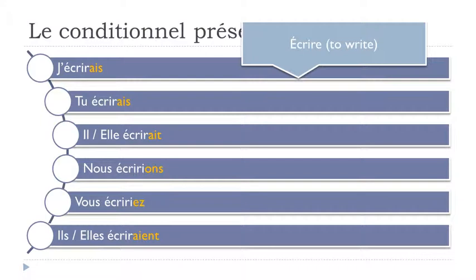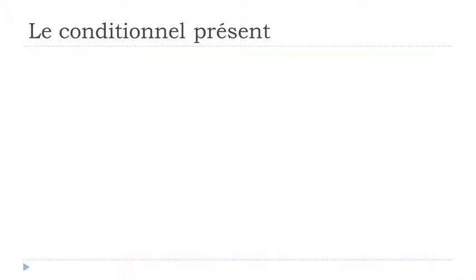All right, so it's not that difficult anyway. But of course, we've got some exceptions, as I said in the beginning. The idea for these exceptions is that the verb will change. The endings will be the same, so that's one good piece of news.